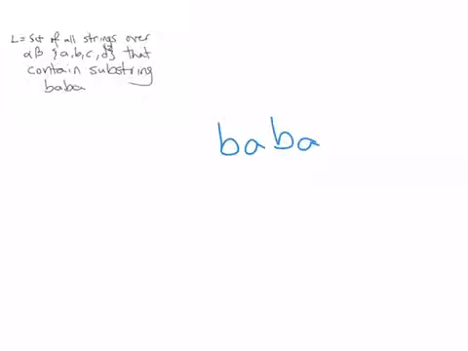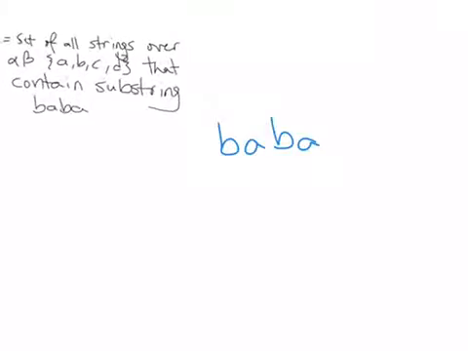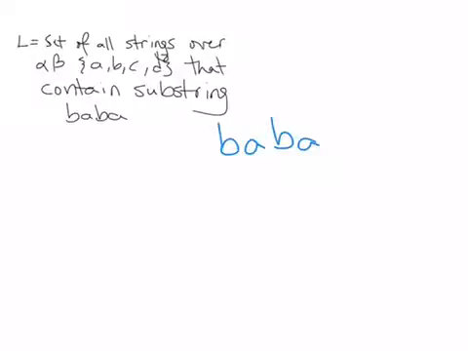And then I need to think about what a string that's in this set could start with. So here's my set again. What could I have before that BABA that would still be in my set? As far as this language is concerned, I can have anything.